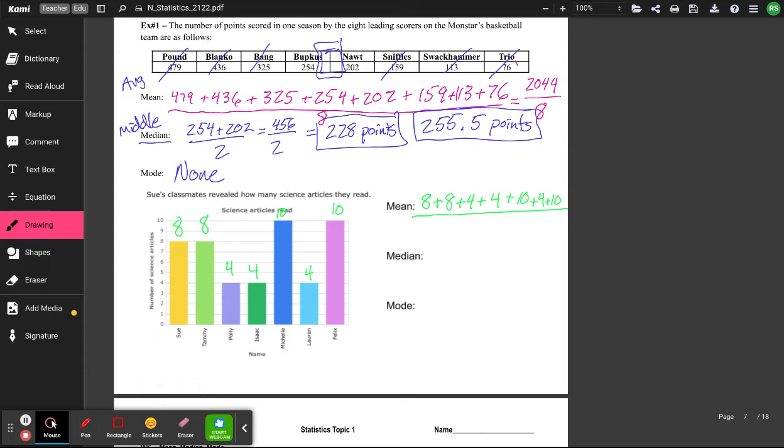That's going to find the total number of articles. We have a total of 7 students in the class. So you'll add up the total number of articles read by each student. That gives you 48. And 48 divided by 7 is an average of 6.85 articles.